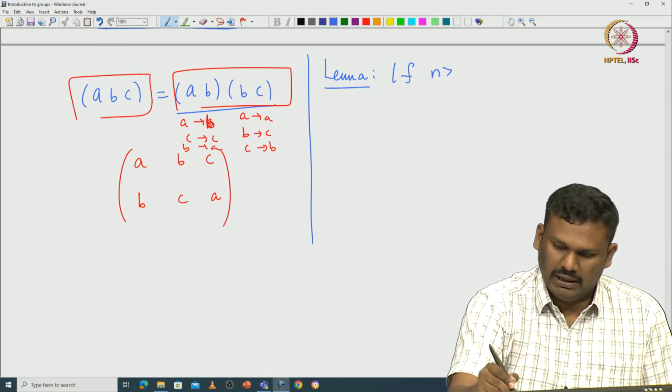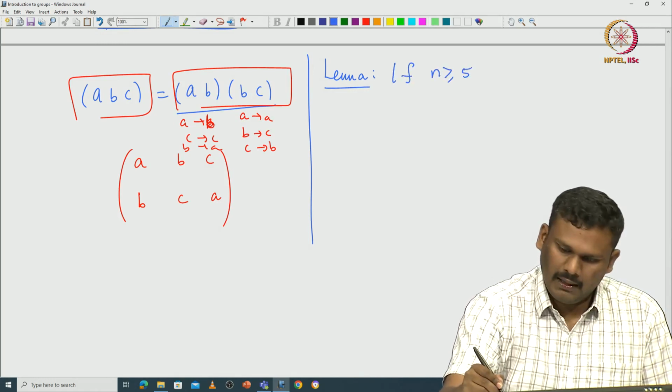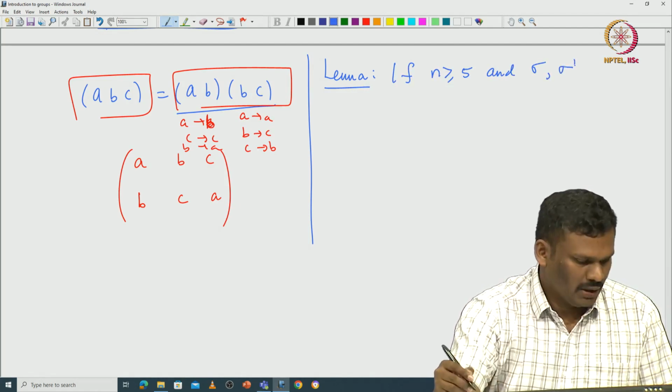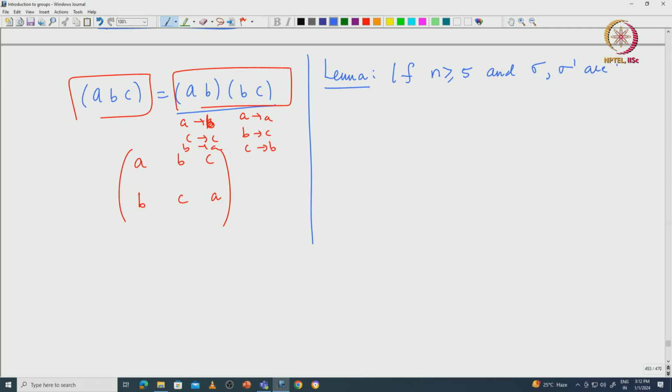If n is greater than or equal to 5 and sigma, sigma dash are 3 cycles in Sn, then we know that they are conjugate in Sn from our previous result. But what one can prove? One can prove that this sigma dash is indeed conjugate to sigma under some element of An.